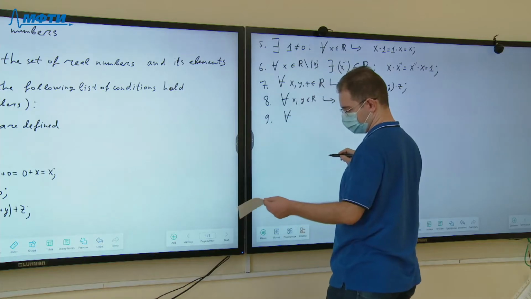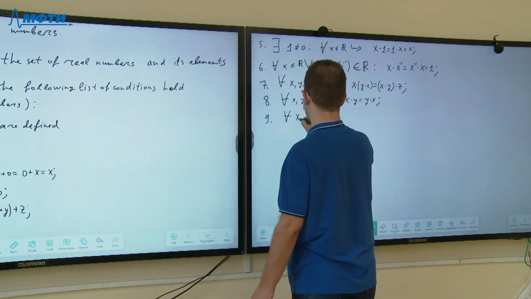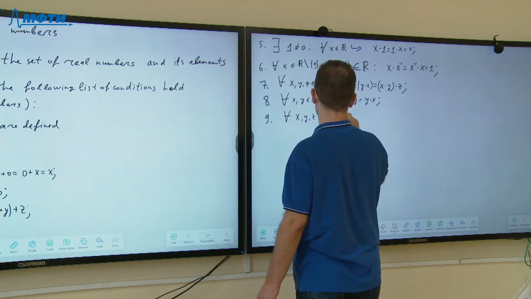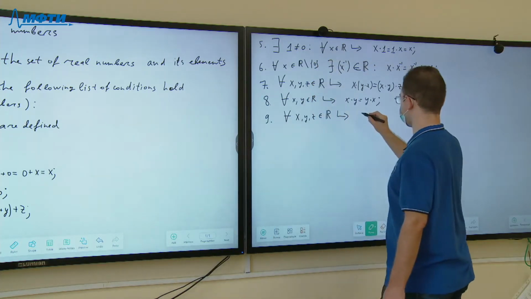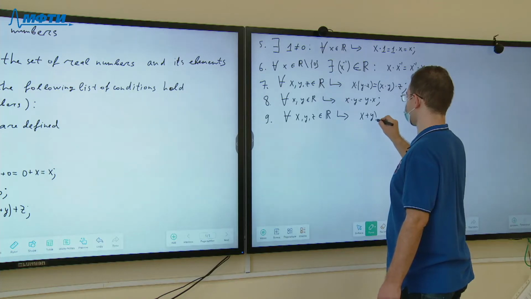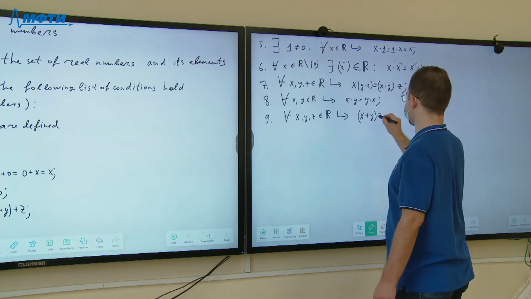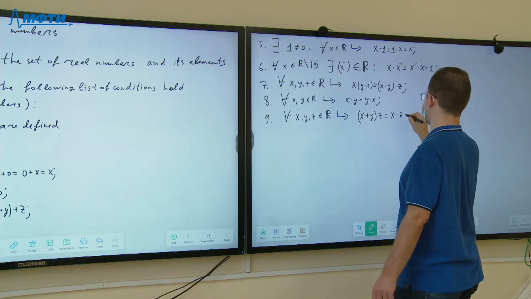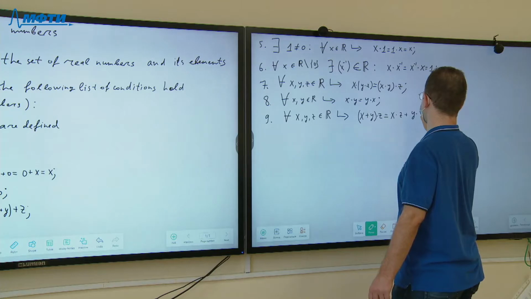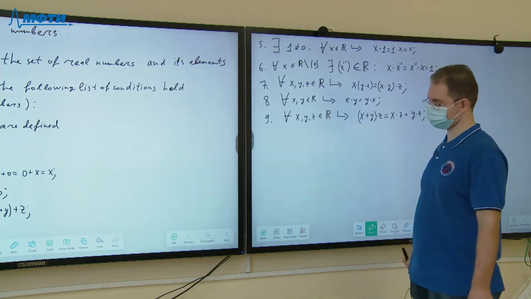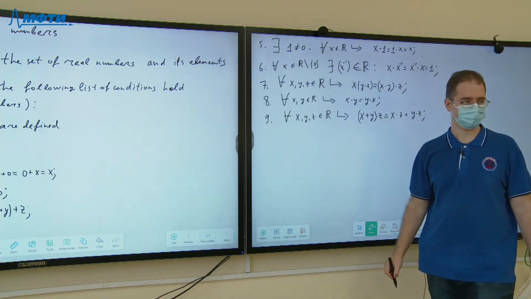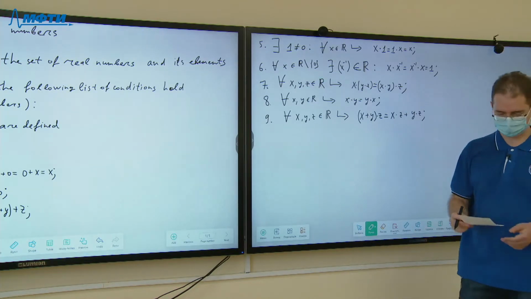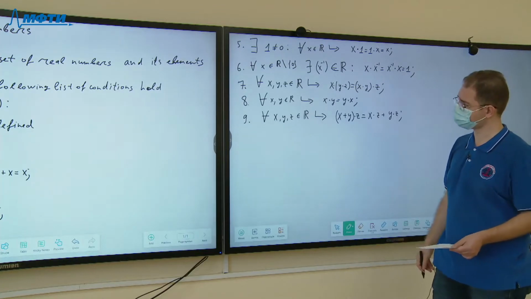For any x, y, and z, well, it follows that (x plus y) times z equals x times z plus y times z. So those were the properties of multiplication, so to say.